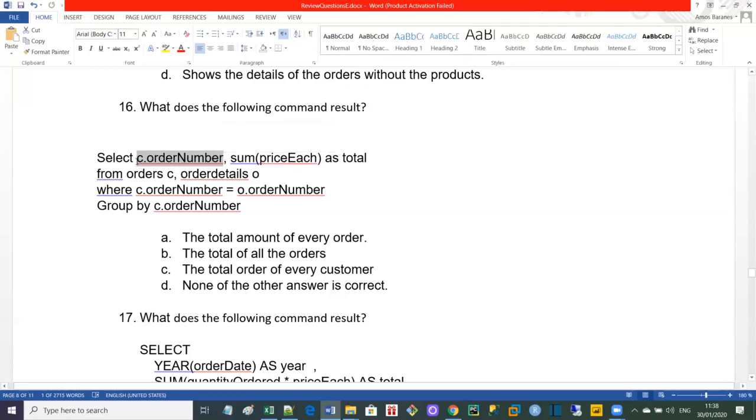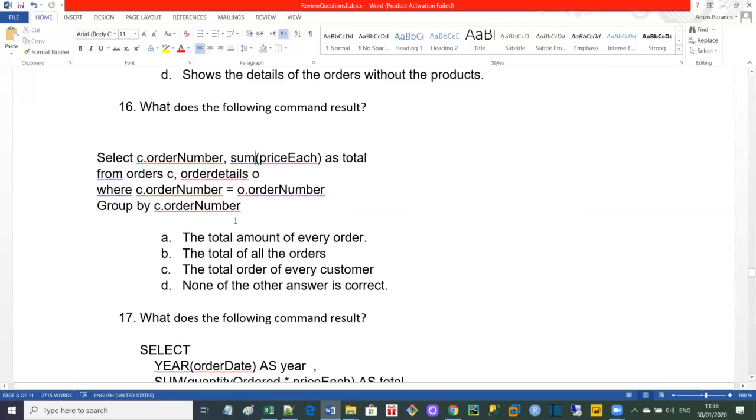That I must put in the select. In the select, I have the column by which I want to aggregate, and here I write the aggregation function and the column I want to apply it to. The total, of course, is just giving a name to that sum, okay?